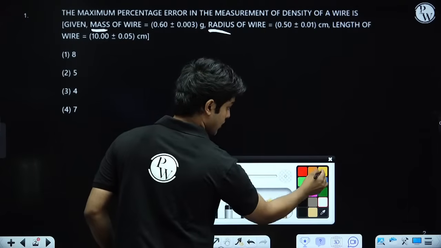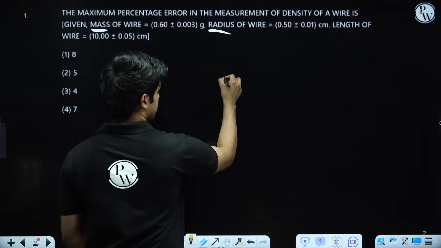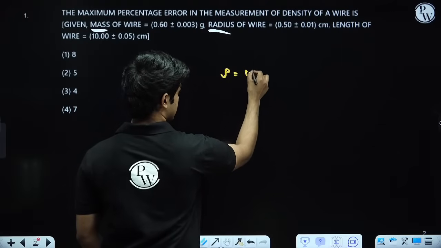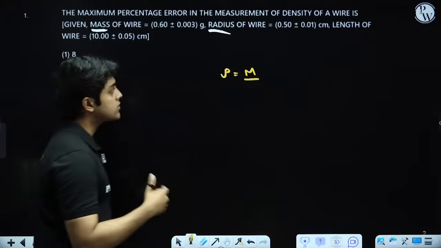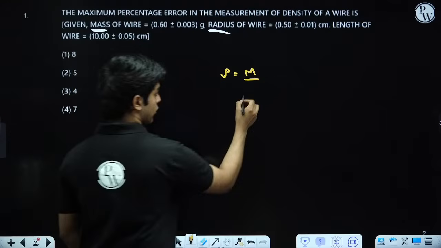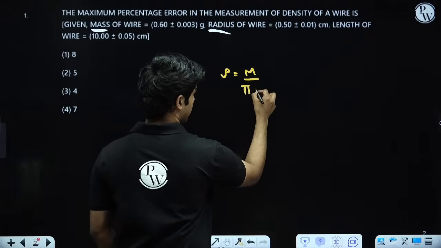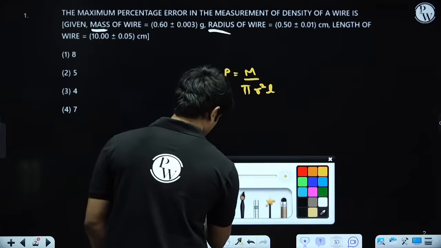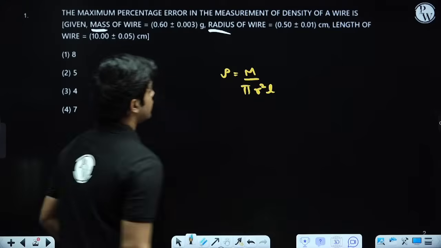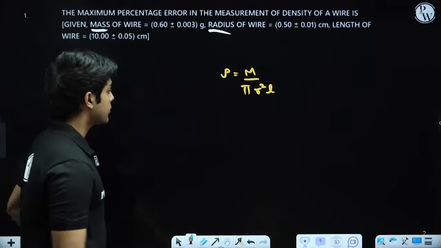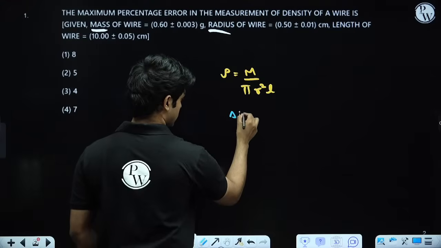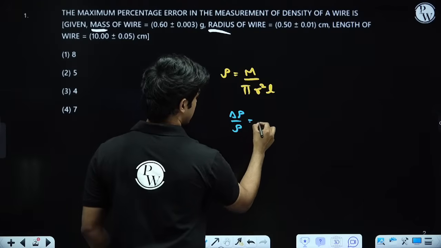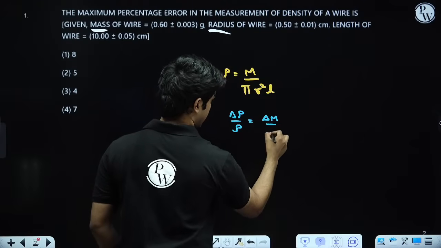The density we can easily calculate as the mass divided by the volume, and because this is a cylindrical wire, we can write the volume as pi radius squared times the length. Now we'll use the percentage error formula. So delta rho by rho equals delta m divided by m.